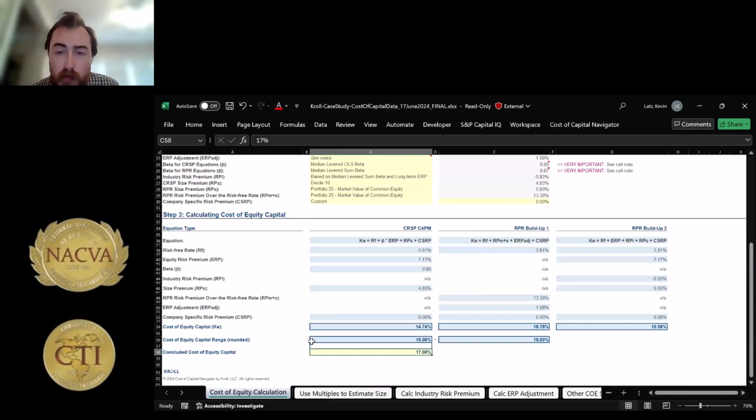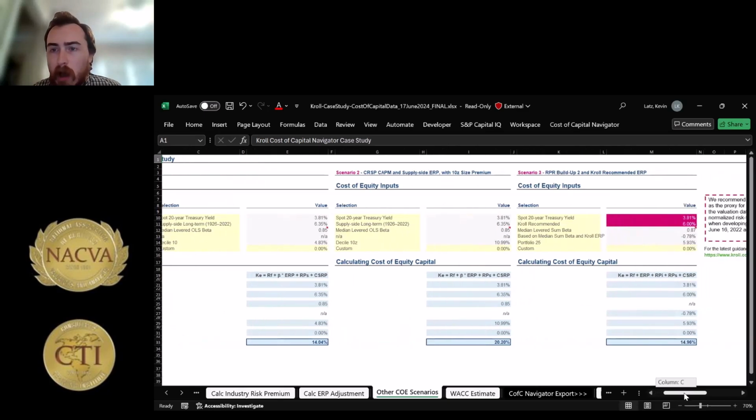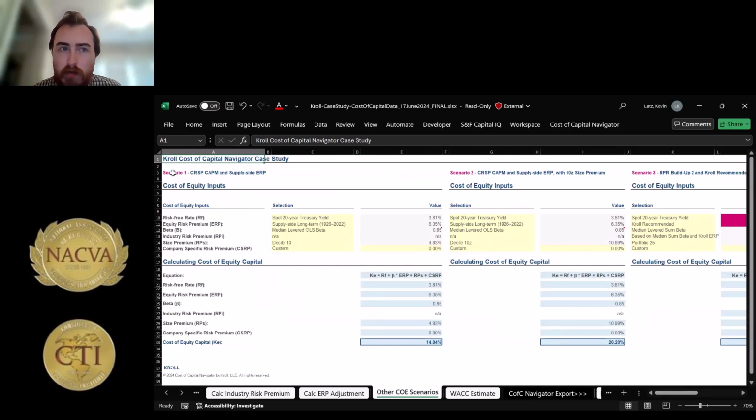Just like the question Carla was responding to, when do I use decile 10? When do I use decile 10Z? You can do some sensitivity analysis to calculate cost of equity. You could calculate cost of equity in so many different ways using different ERPs, different size premiums, using different betas. So we just did a couple different ways here that you could look over as well, right?